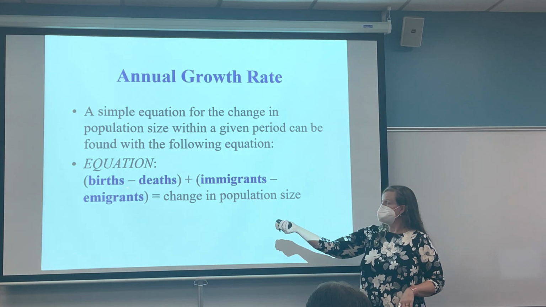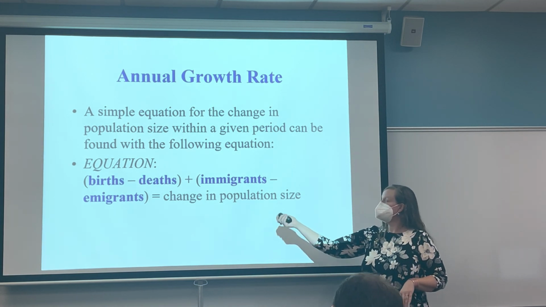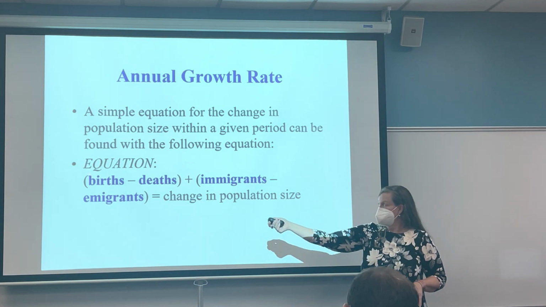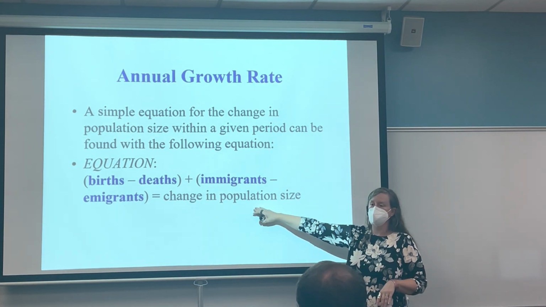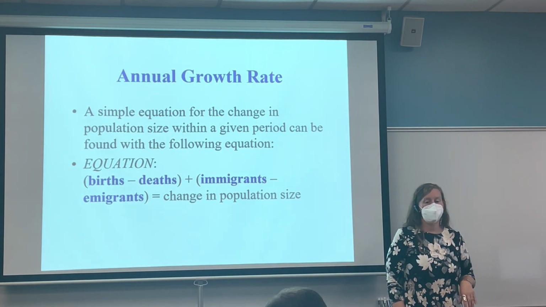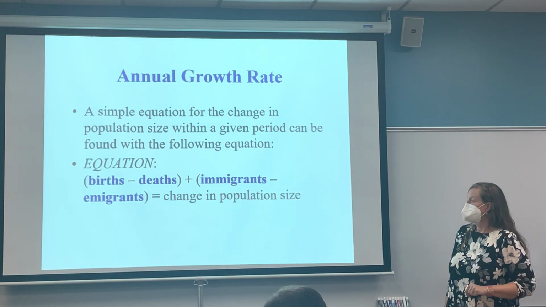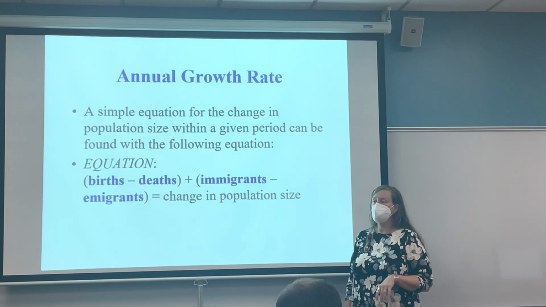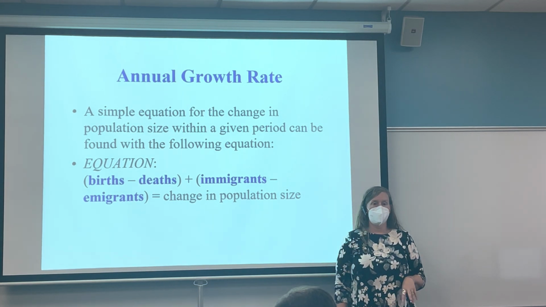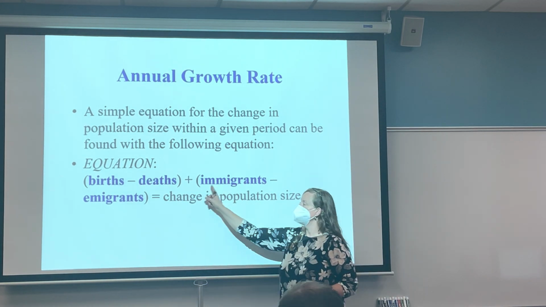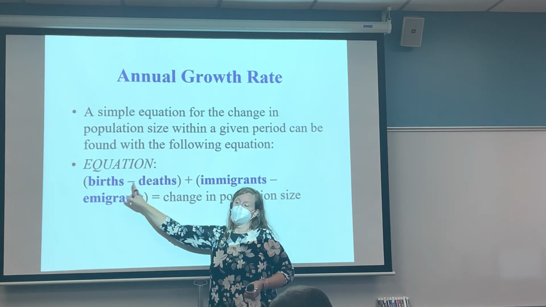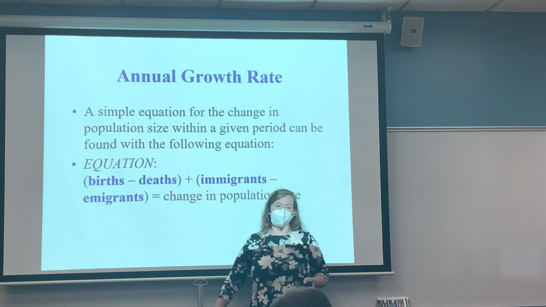The immigrants minus the emigrants, we're going to group them together. When we add these factors together, it tells us the change in our population size. A lot of times if you read studies on population growth, they may not even acknowledge the immigrants and the emigrants. Like today in lab, we're just going to focus on birth and death.